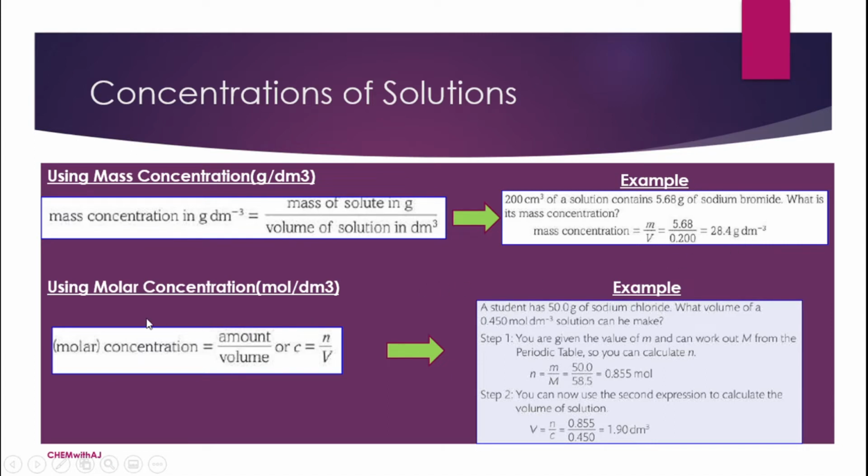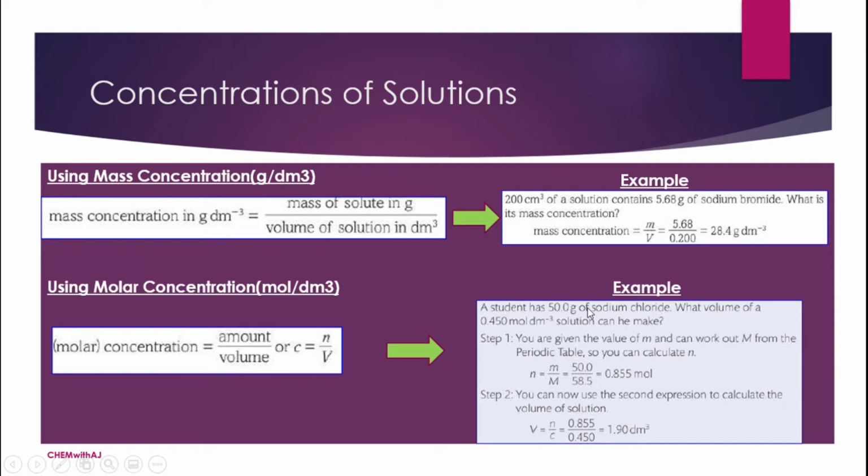Then we move on to the other type, the more common type, which is molar concentration. Molar concentration is the amount in moles per unit volume, or in symbols, C equals n over V. For example, a student has 50 grams of NaCl, sodium chloride.